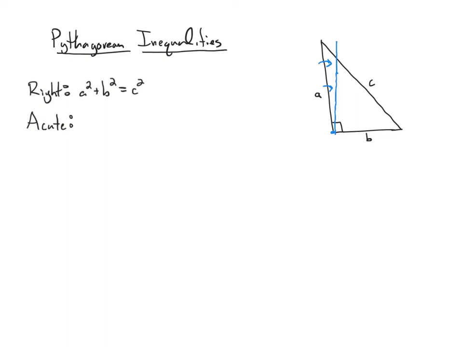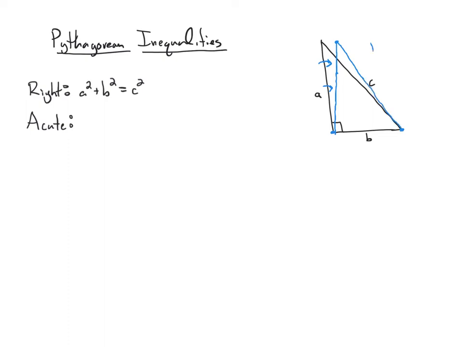Well, what happens to side C if I do that? Well, it still needs to make a triangle, so it still needs to be connected to each end. And you can see here that, oh, that's not very good. Let me draw that a little bit better.